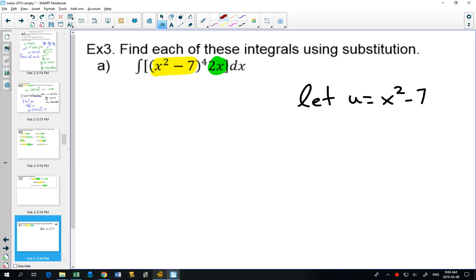So then the derivative of this, du dx, would be 2x. I'll do it in two steps right now, but eventually you'll just do this. If I move that dx to the other side through some magical mathematics, then du is 2x dx.